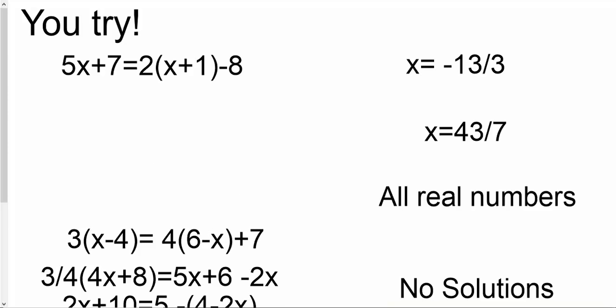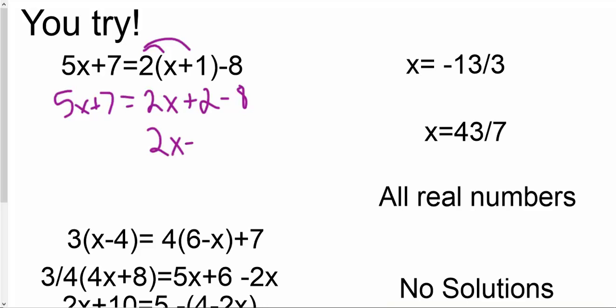The first thing I need to do is simplify each side, which means on the right-hand side, I want to distribute this 2 to everything inside. That gives me 2x plus 2 minus 8 equals 5x plus 7. Here that gets me 2x minus 6 equals 5x plus 7.